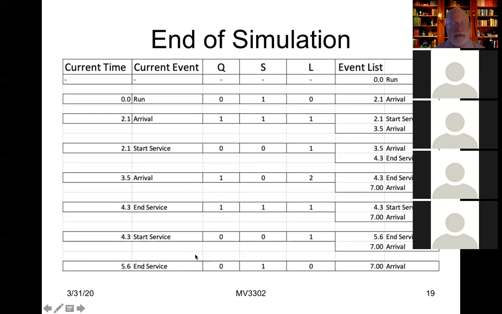So in this particular case, the end service event has not scheduled any event, just by chance. And so the final state of our simulation is that there's still an arrival event scheduled to occur at time 7 in the future. But for our purposes, we're more or less finished.